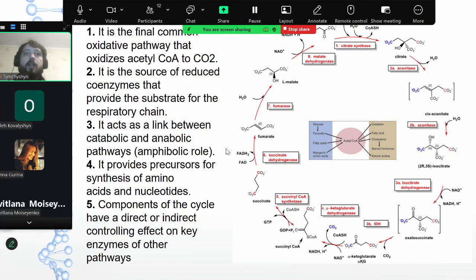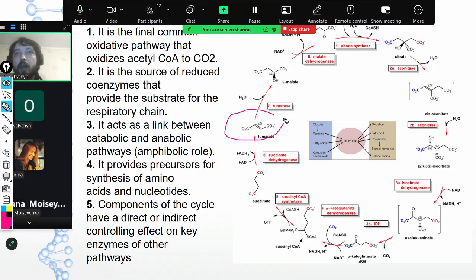It acts as a link between catabolic and anabolic pathways. It provides precursors for synthesis of amino acids and nucleotides. All the intermediates in the Krebs cycle are used in different places. They are not exclusive to the Krebs cycle. It's not isolated somewhere and that's all. No, they are used all over the place.